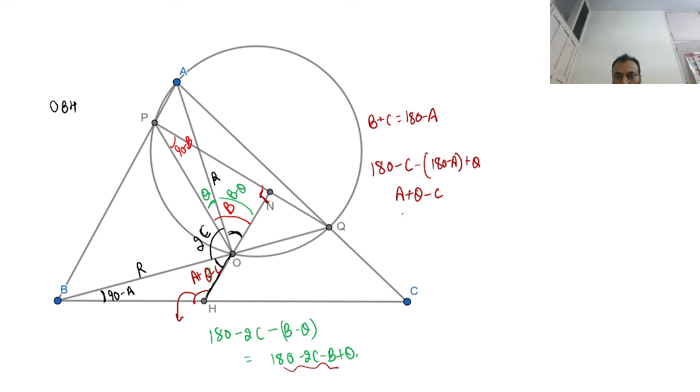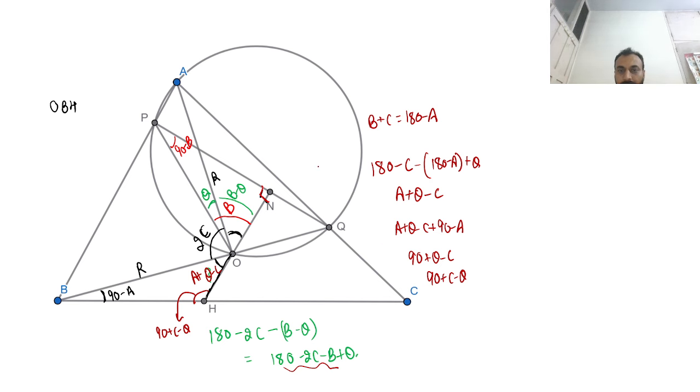So A plus theta minus C plus 90 minus A, that is 90 plus theta minus C. This is the sum of these two angles. If we subtract from 180, it is 90 plus C minus theta, right?